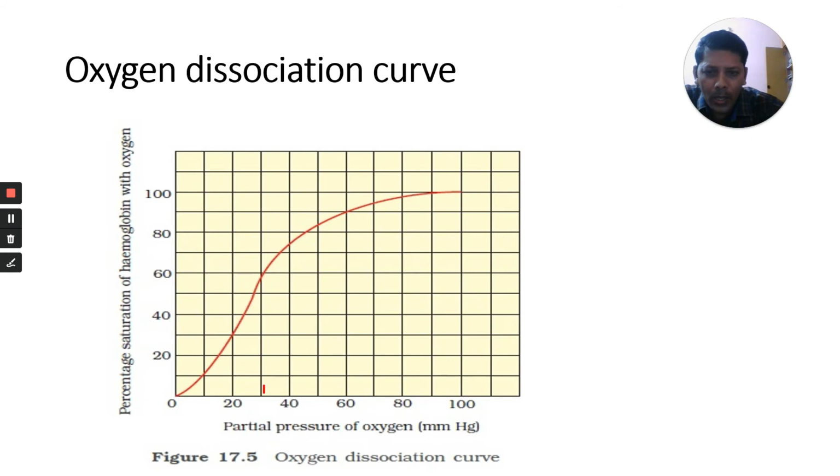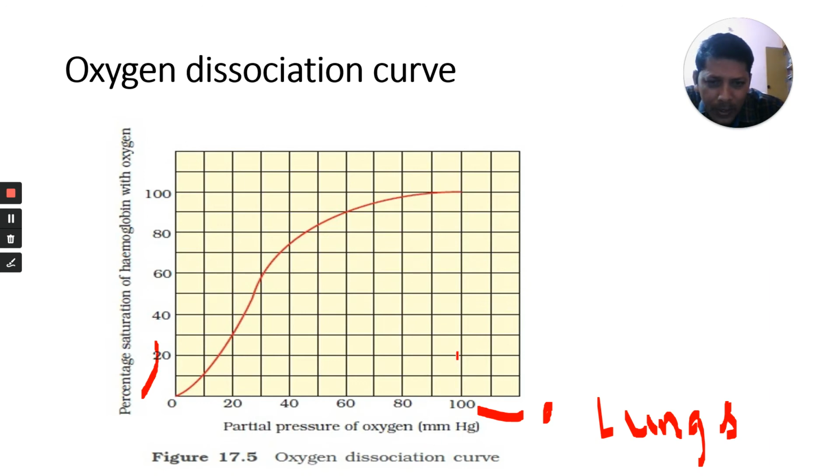When the partial pressure of oxygen is around 100 at our lungs, look here, this is the percentage saturation of hemoglobin with oxygen.